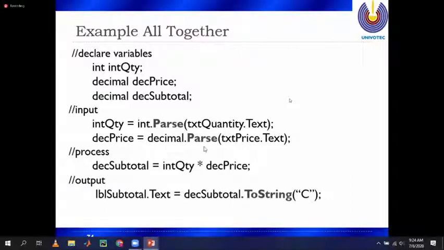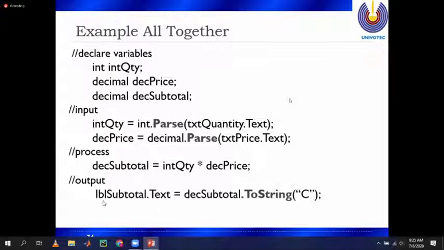The decimal price you also enter as the unit price, taken from txtPrice.Text and converted to decimal. Then we multiply: if you order 5 goods, the quantity times the decimal price gives the total. That total is displayed in lblSubtotal.Text, which is a label.